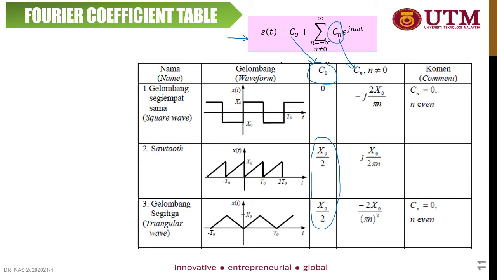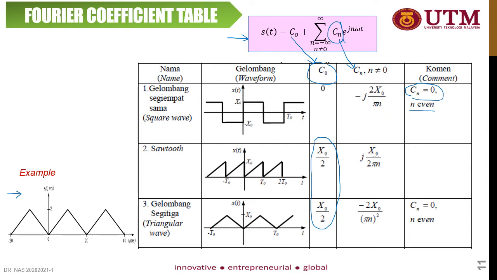For example, for the first one, square wave, Cn will be 0 when n is even. So this Cn will be 0 if n is even, so that you just need to consider the odd numbers. So for example, you are given this signal, so you need to compare to the table the closest shape to the signal given to you.